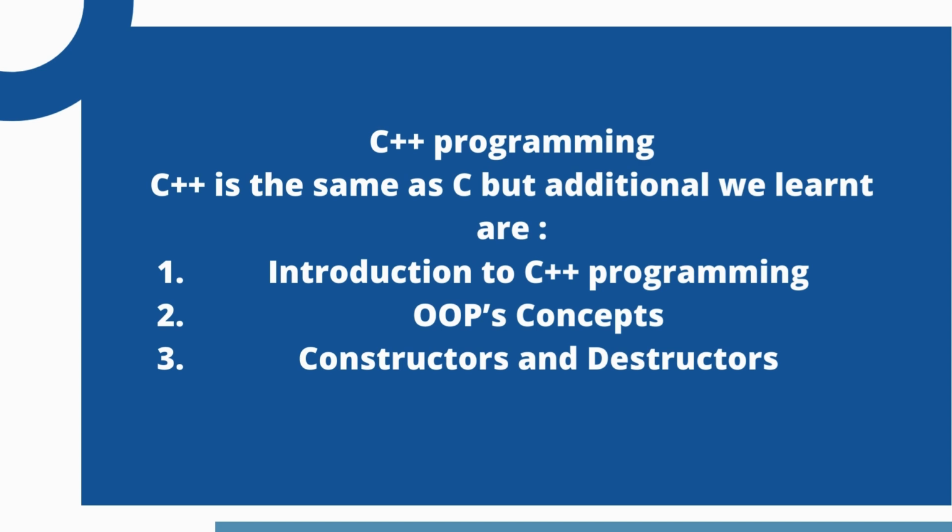For C++, we learned that C++ is the same as C but with additional features. So we learned about the introduction of C++ programming, where we saw that it is a general purpose programming language developed by Bjarne Stroustrup, and also an extension of the C language with additional features like object-oriented programming, constructors, destructors.